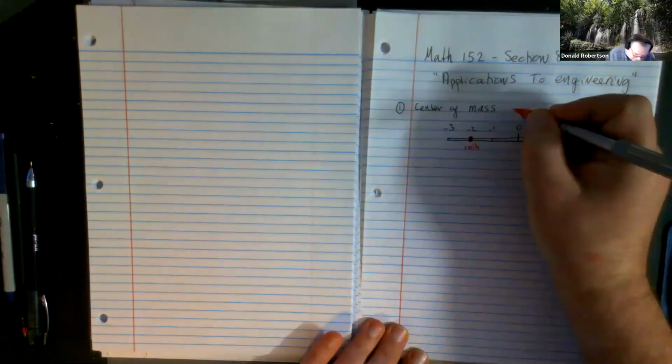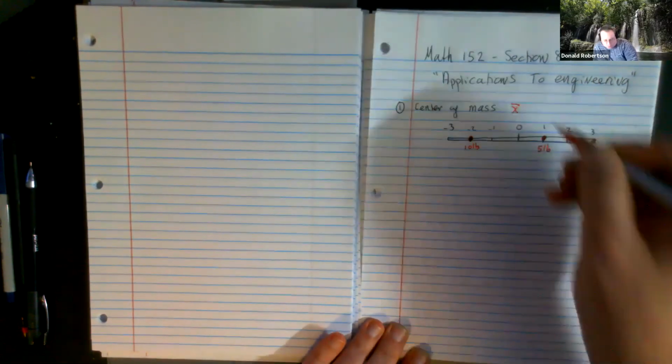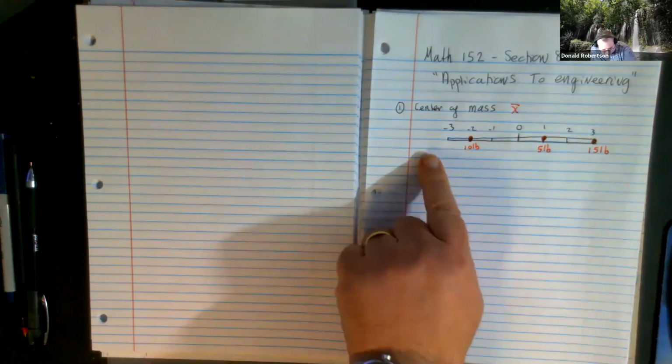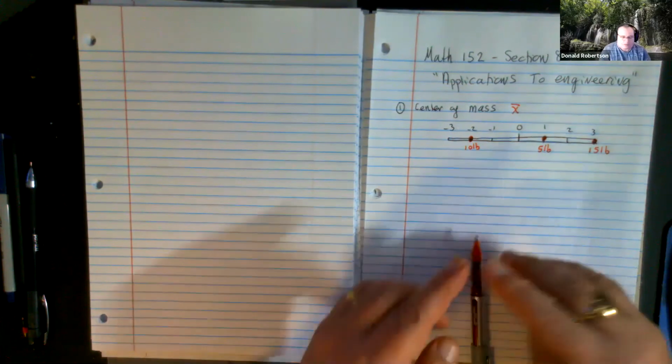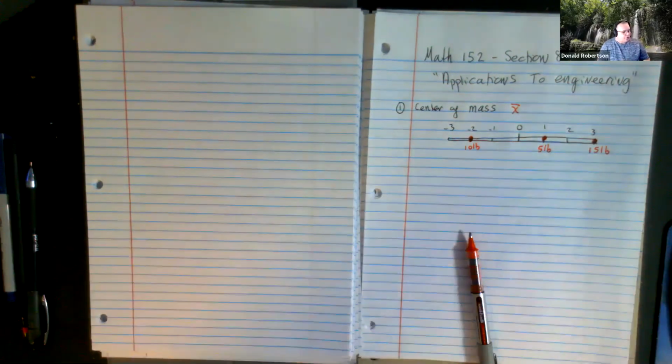So what we are looking for is the center of mass, which is very often called X bar. It's where on this scale you would put a fulcrum, a little triangle like a seesaw, so that it would be balanced, so that the forces on one side would be equally balanced by the forces on the other.